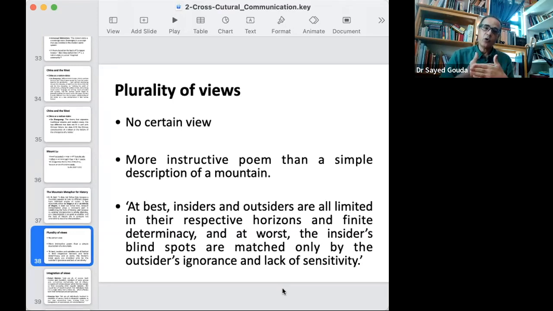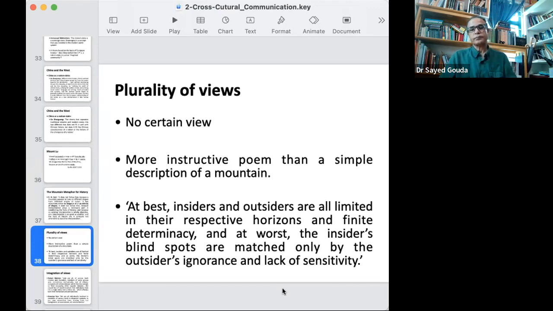Of course, they have a point. To a certain extent, it's true. But the alternative is not to discard this native approach completely and say that the Western understanding and approach is the only way of understanding. No one can say that.